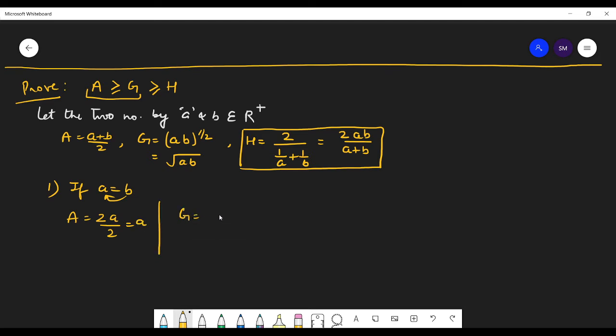What about geometric mean, students? Putting B equal to A here, tell me what do you get as geometric mean? A. Now tell me what about harmonic mean? What do you get?